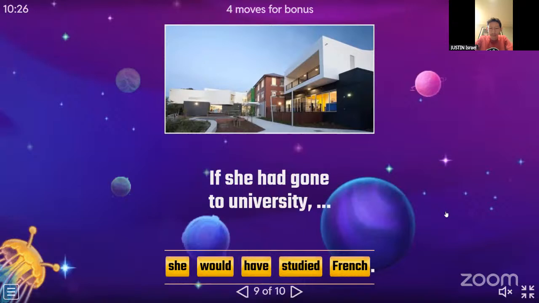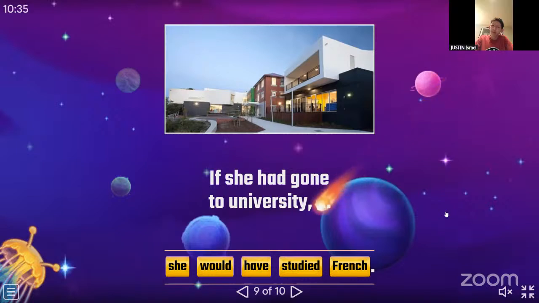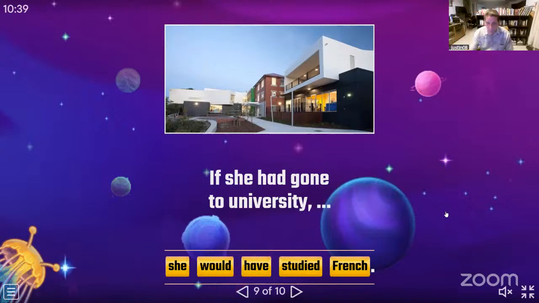No. Is there any plan that she will go to university in the future? Any possibility? I don't think so. No. In this case, it's not possible. She won't do that. So it's just not going to happen. Unreal. Okay, let's do one more.